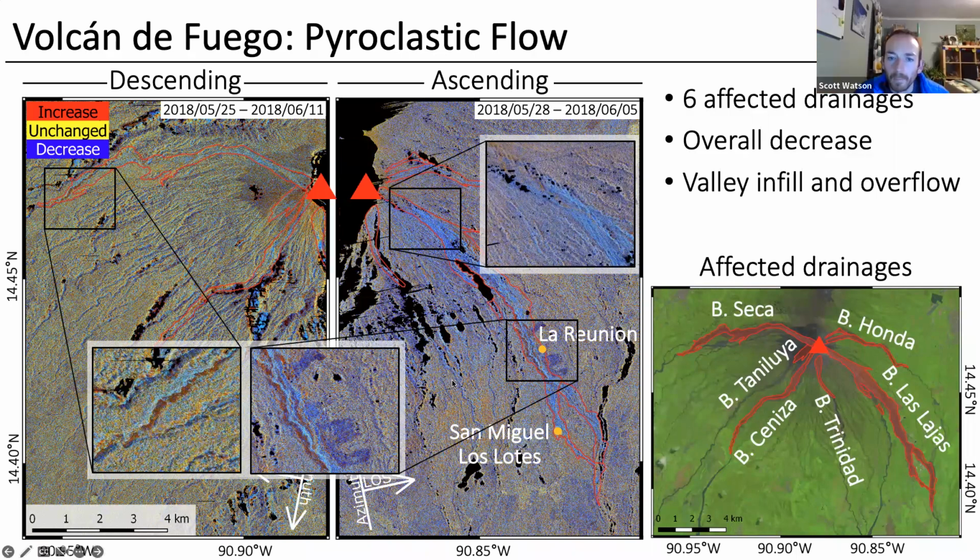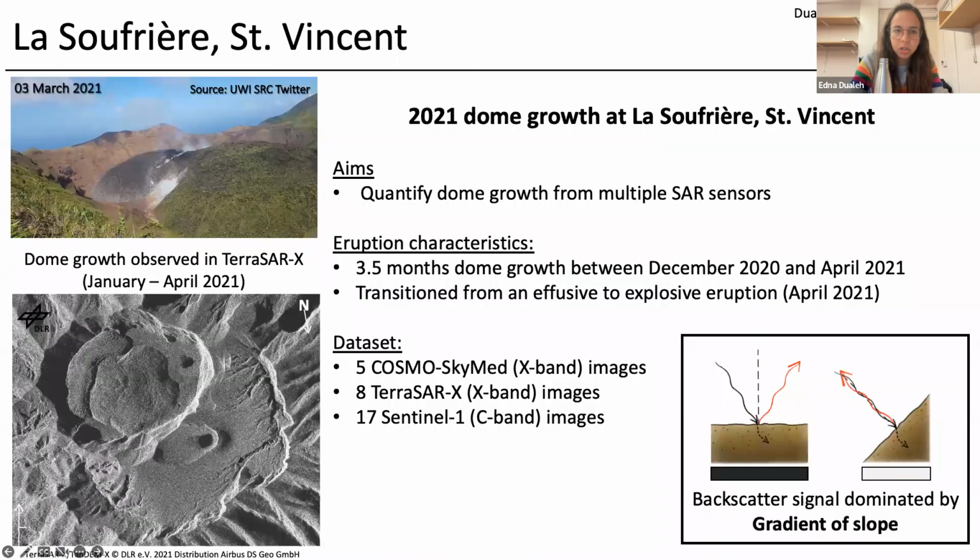Great. So there's another one coming from Sam Mitchinson saying, how does water impact the SAR data? For example, could one use SAR to measure changing water levels in crater lakes? Yes, you can see water quite well in SAR data.